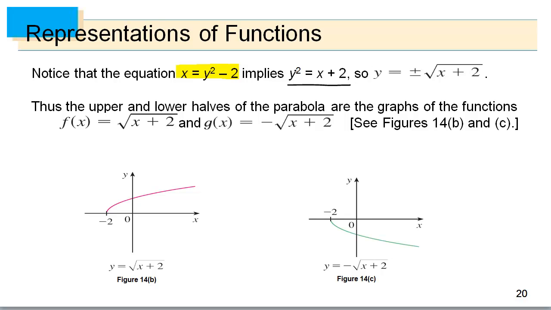Because remember, when you take a square root, you always got to worry about plus and minus. Well, all you have to do is take each half. The positive half gives you the upper part of the parabola. The lower half, the negative part, gives you the lower half. And now we have two actual functions that pass the vertical line test.